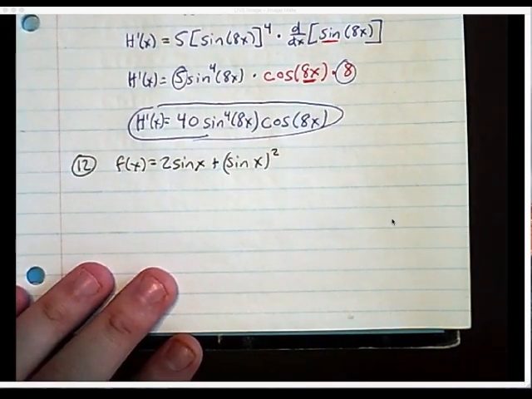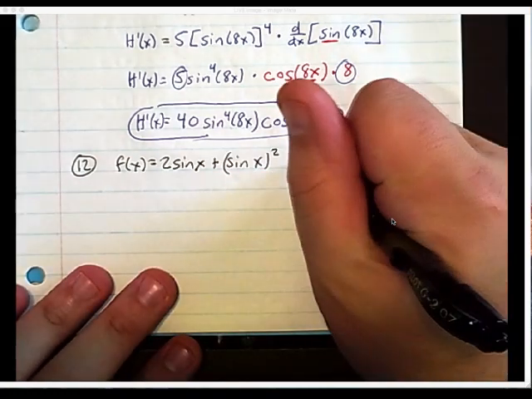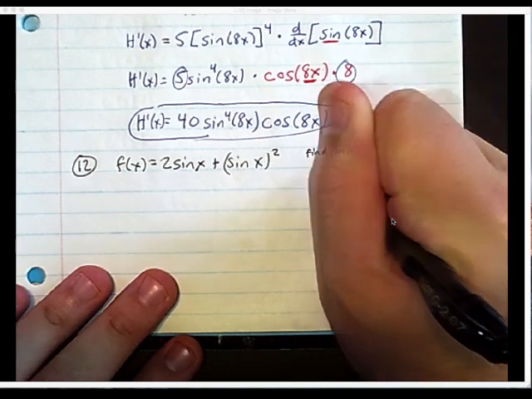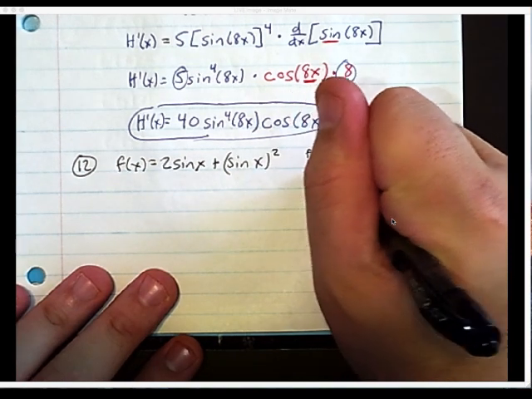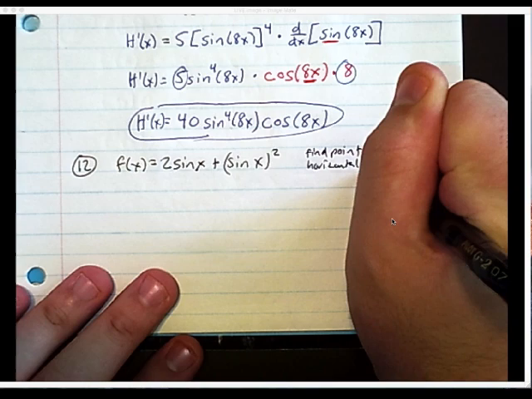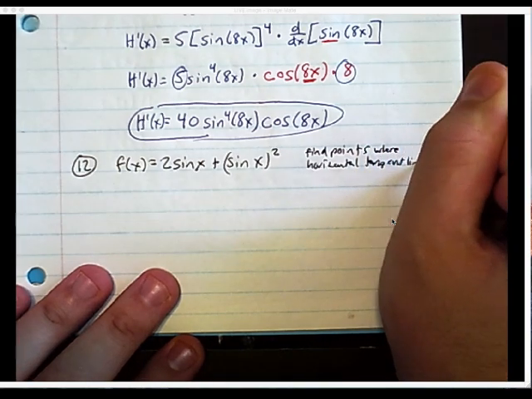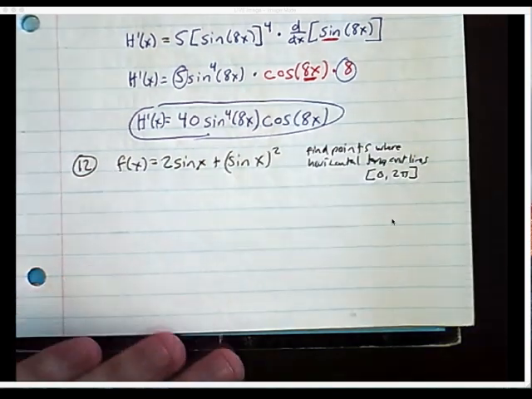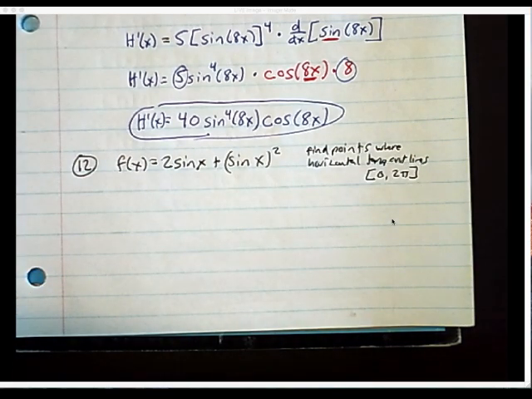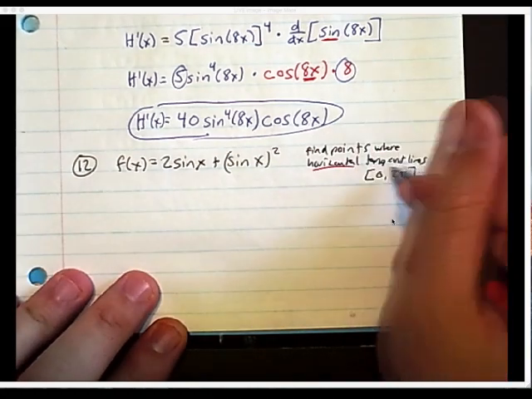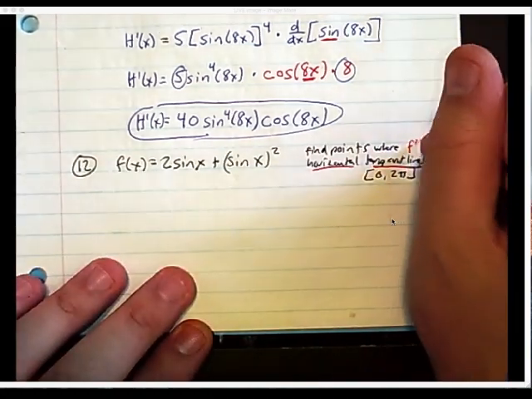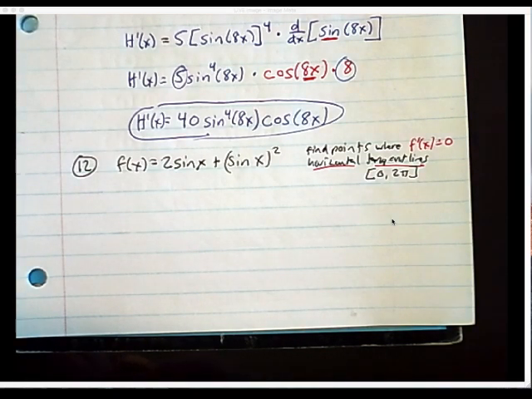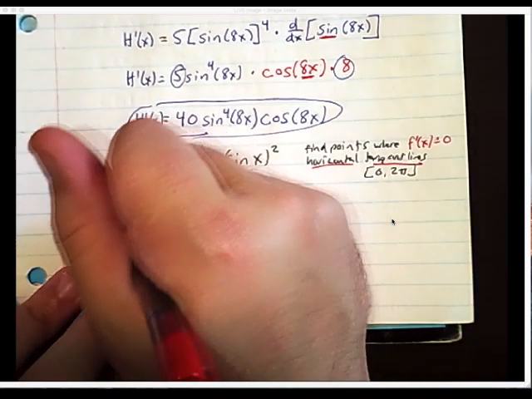I'm trying to find the points where I have horizontal tangent lines, and they only want me to concern myself with x values between 0 and 2 pi. So what does this mean? Horizontal tangent lines. That's where the derivative equals 0, because horizontal lines have 0 slope. So first step, figure out what the derivative is.